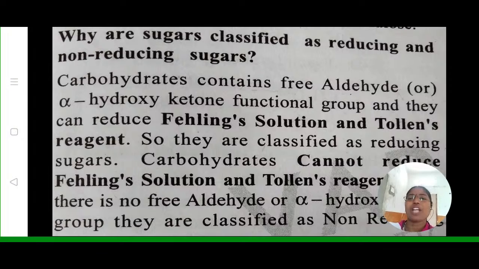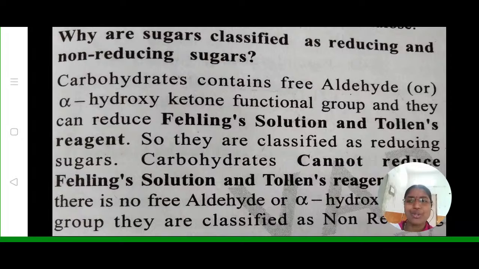Non-reducing sugars are carbohydrates that cannot reduce Fehling's solution and Tollens' reagent.